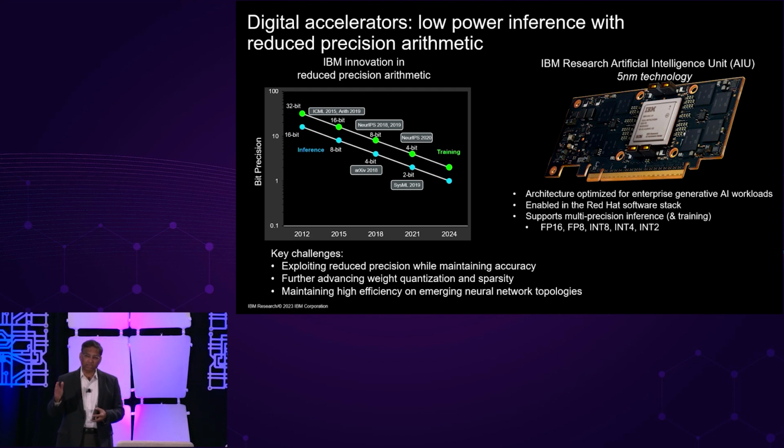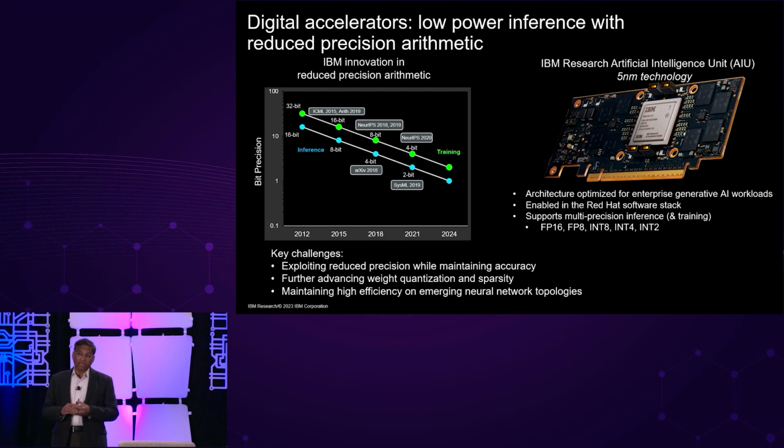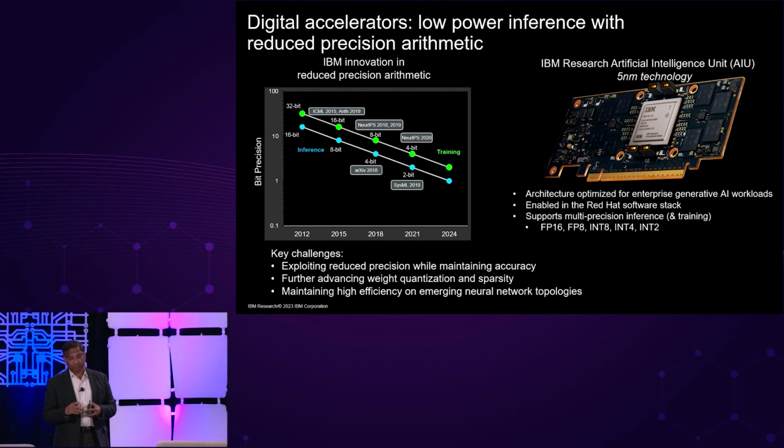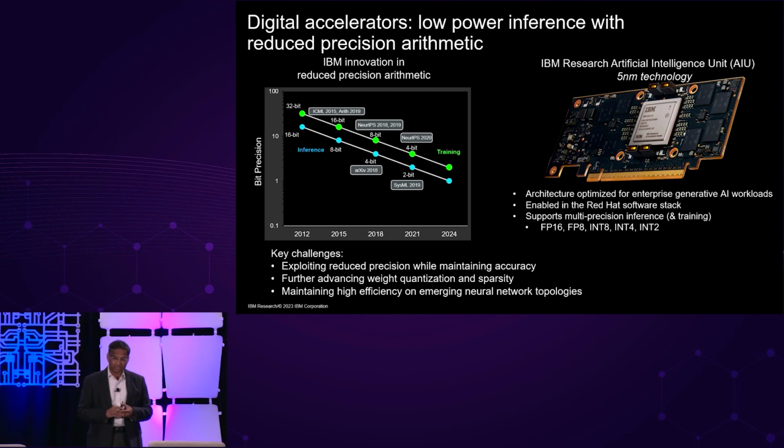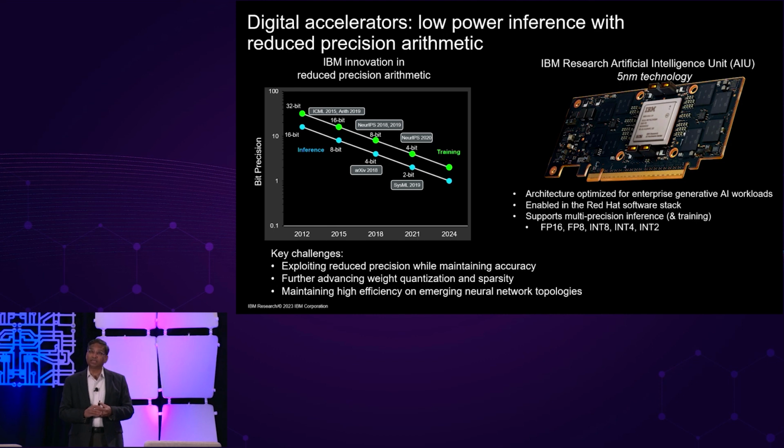And we've been on this journey both on the side of training as well as inference. Most recently, we were able to demonstrate that one can achieve the same level of accuracy with reduced precision, going as low as 4-bit for training and as low as 2 bits for inference. However, these are not easy tasks.